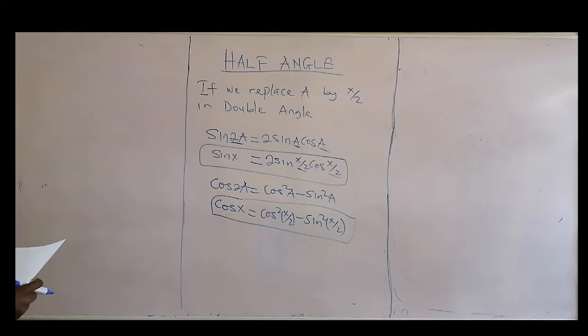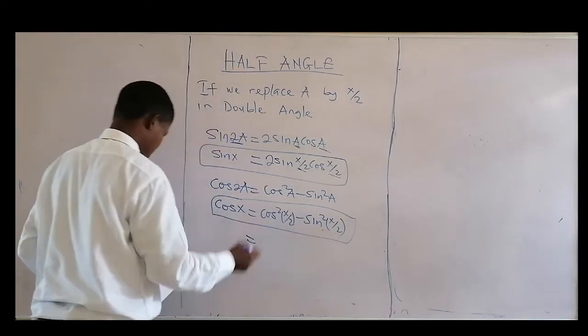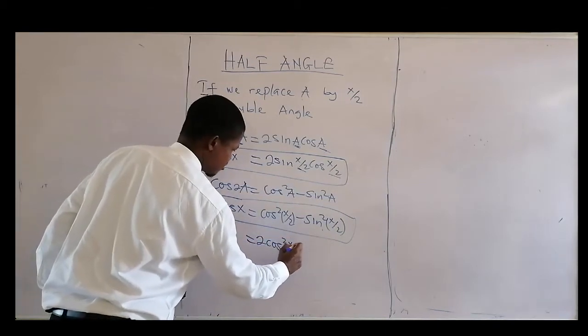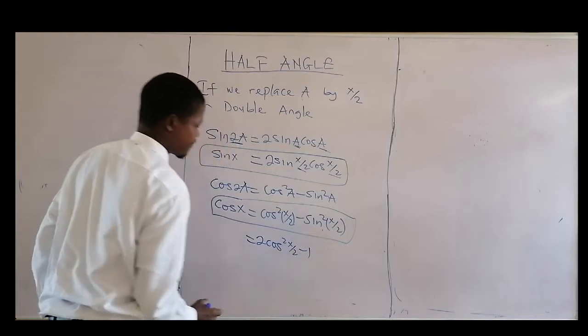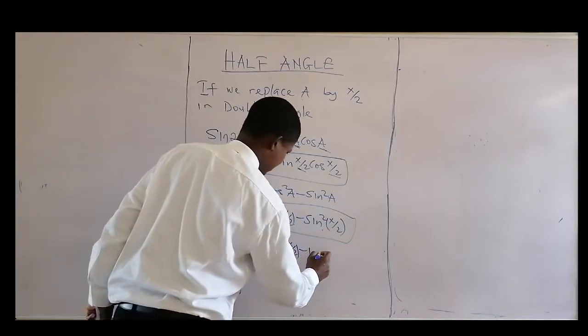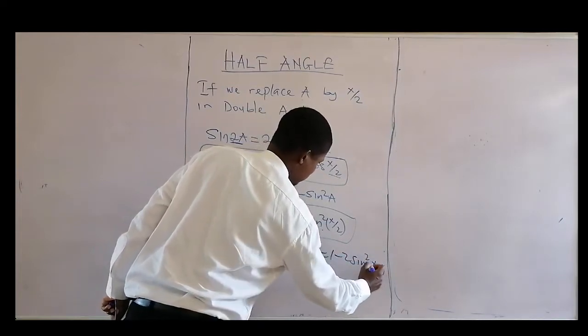Which means we can work this one further. If we make substitution for this one, then that will give you 2 cos square x over 2 minus 1. Which is also the same thing as 1 minus 2 sine square x over 2.